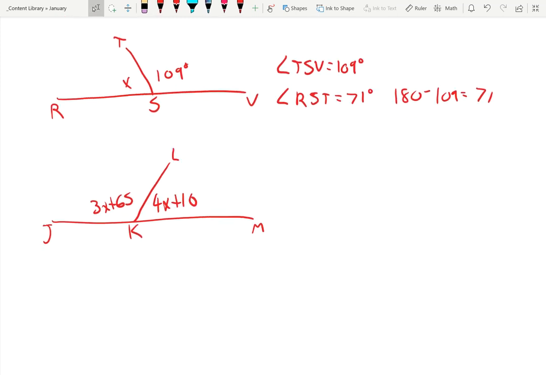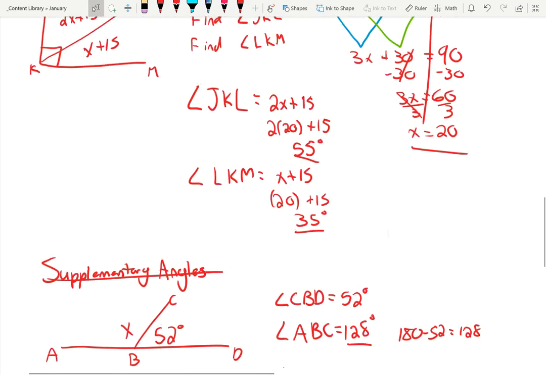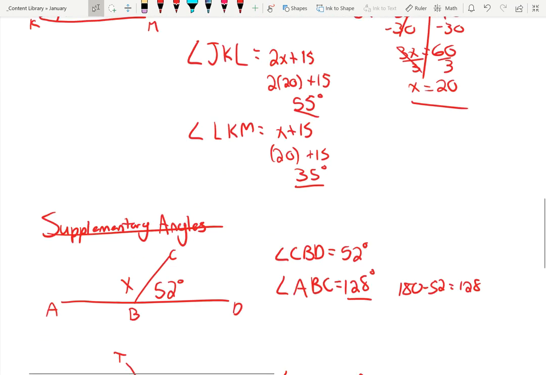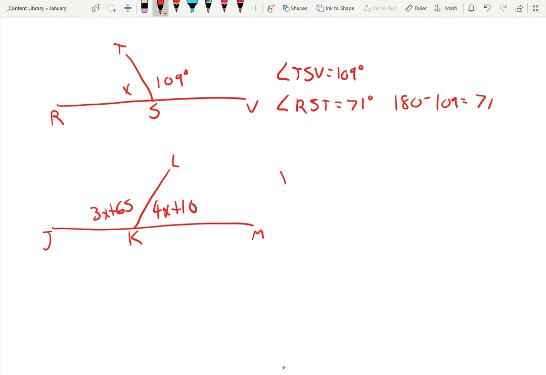So it's the same issue we had with the complementary problems before. We are going to find three things here. First, we're going to find out what x is, because we can't do anything unless we know the value of x. Then we're going to find the angle sizes. So we're going to find angle JKL, and then we're also going to find angle LKM.